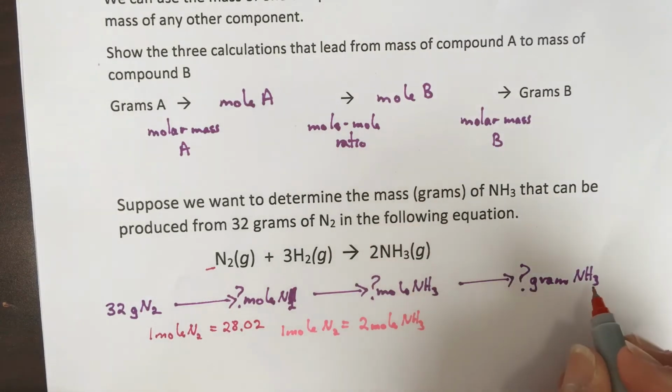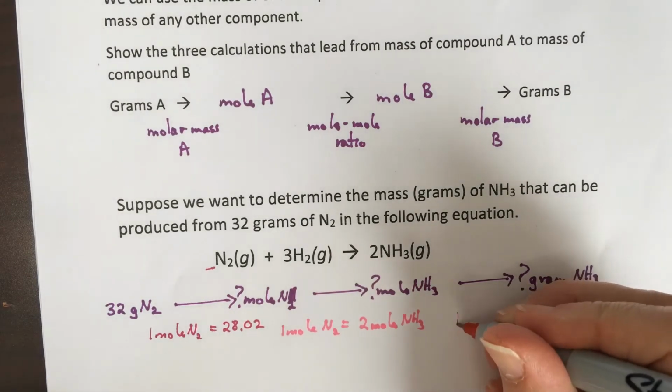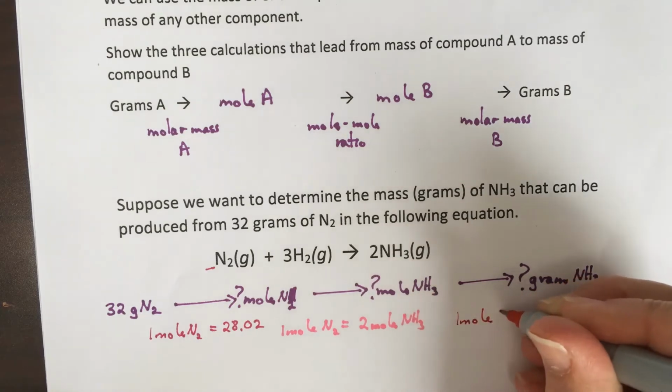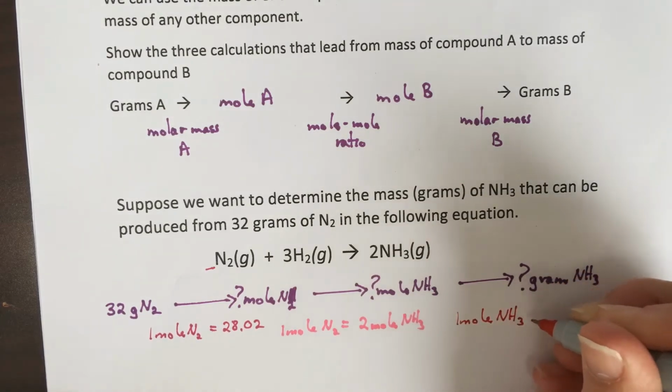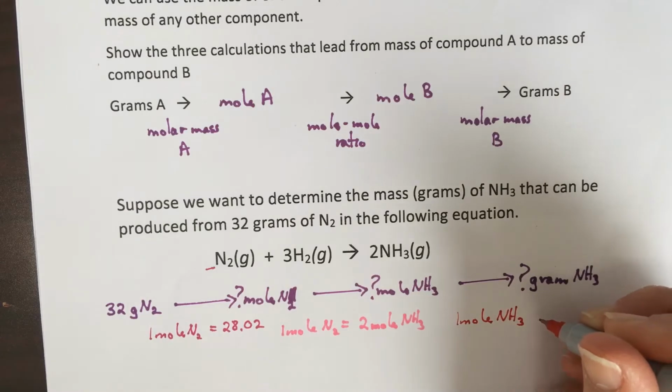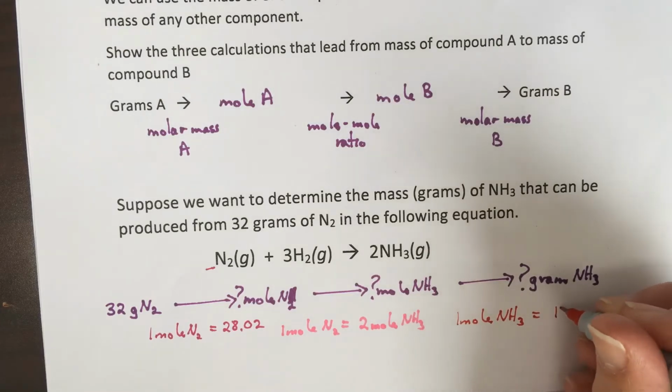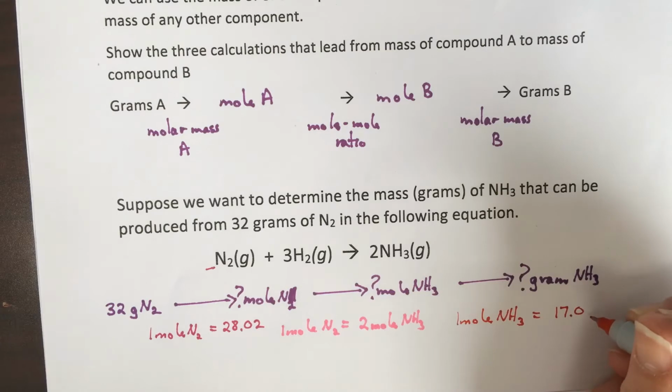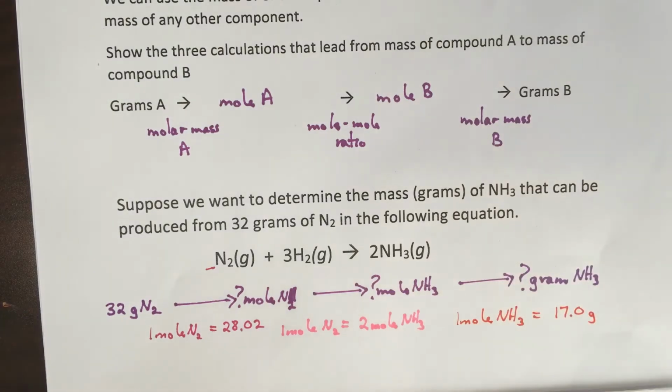We'll need the molar mass of ammonia, so that 1 mole of ammonia is, I've got 17, I think I rounded a little, 17 grams.